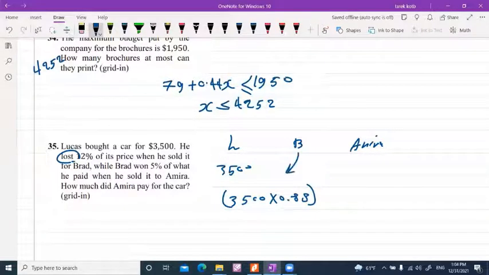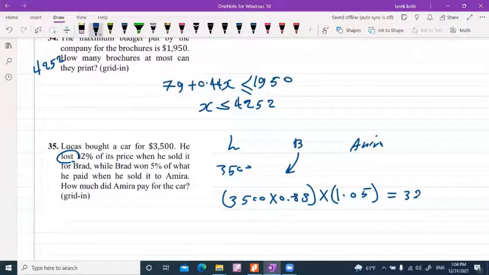And then Brad won 5%, means you have to multiply this by 1.05. If you want to increase something by 5%, multiply by 1.05. Finally, it will be 3,234. Okay, how much did Amira pay? She should pay 3,234. This is easy.